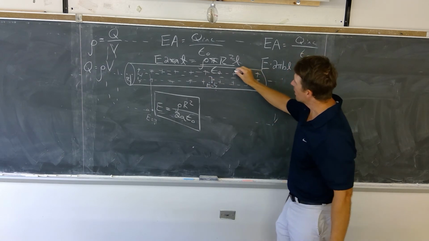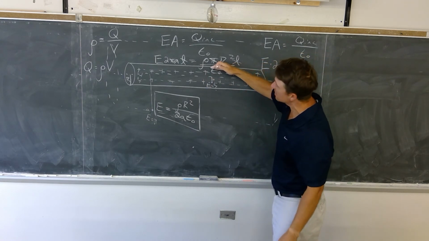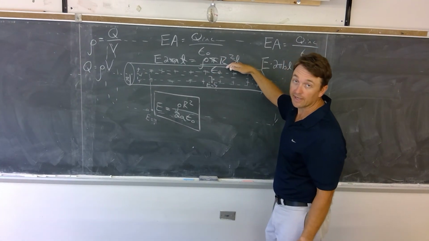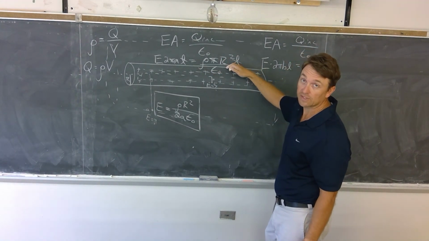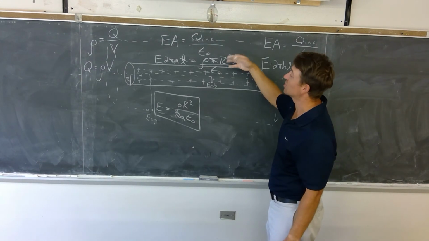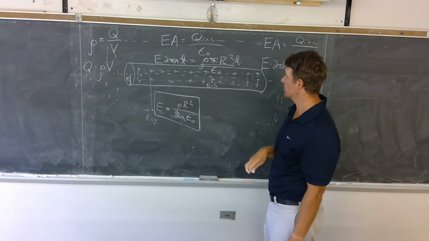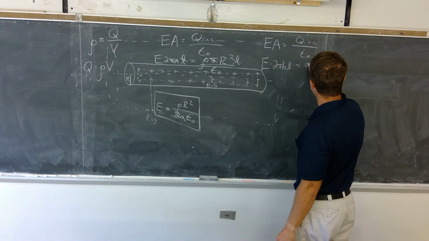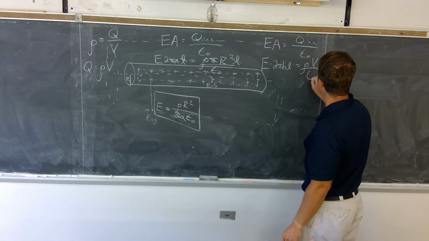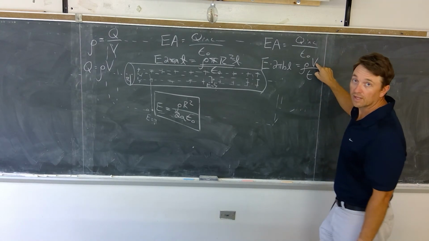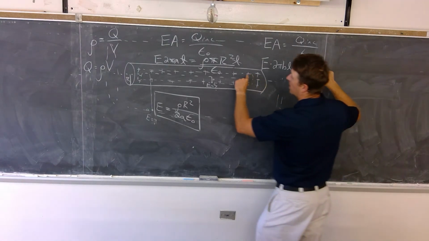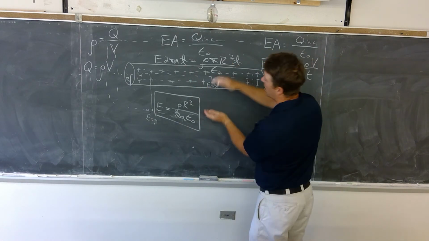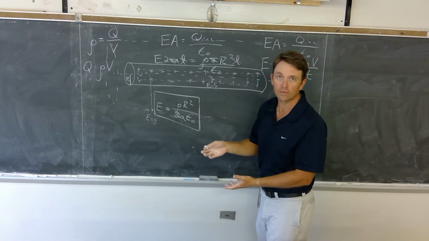I don't care that there's some pieces of the insulator that are charged that are outside my Gaussian surface. I only care about what's charged inside of my Gaussian surface, which means that when I'm switching this Q to a rho times a volume, the volume that I care about is the volume of my Gaussian surface, not the entire volume as it was when I was enclosing the entire volume.